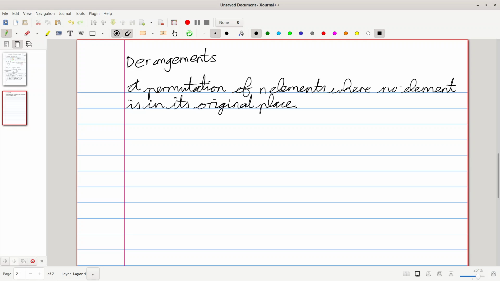Okay, so here there's a slight tweak to the inclusion-exclusion formula that we'll need, because the previous inclusion-exclusion formula tells us the size of a union of a number of sets.